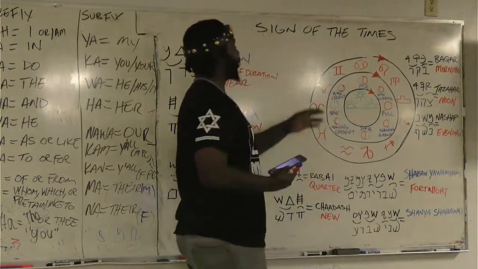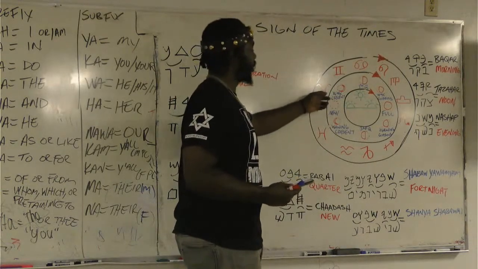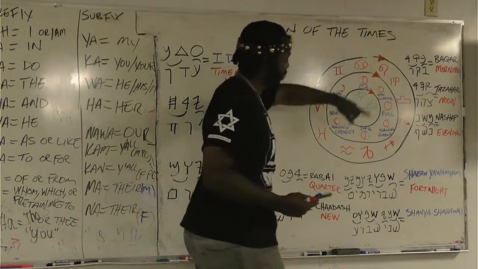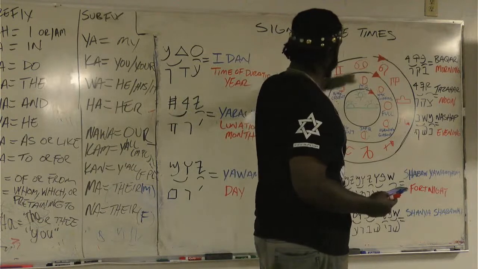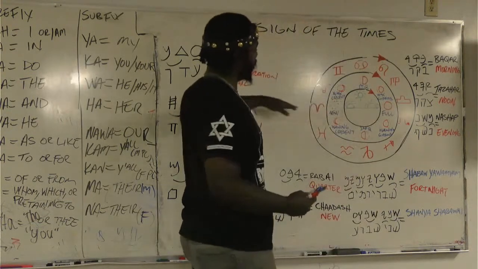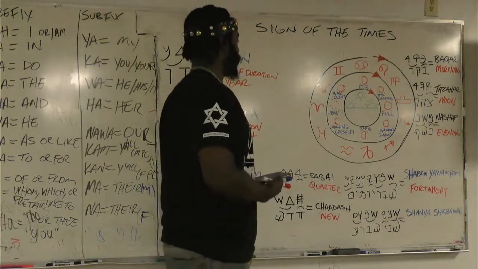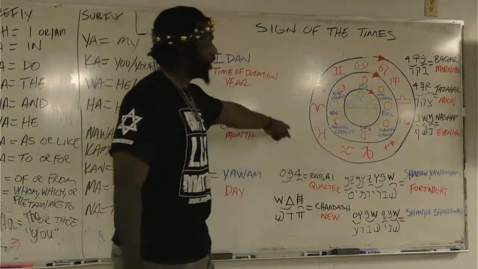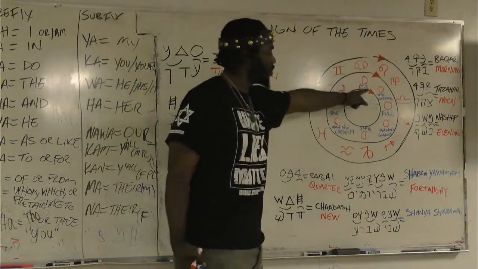But you got the months, each physical month in the year. All right, as you can see, everything is in coordinates, right? Everything is in coordinates, right? So, and everything moves in the same direction, as you can see.